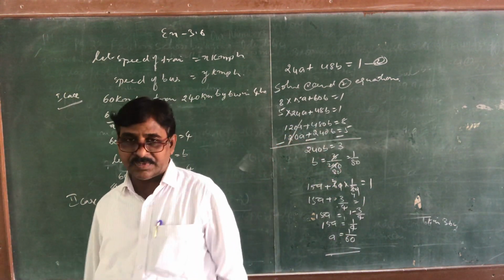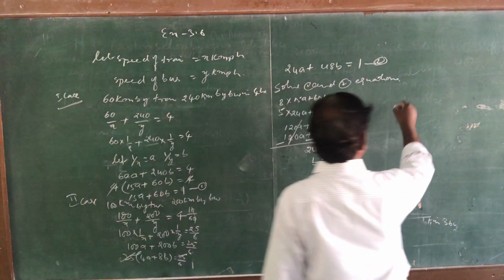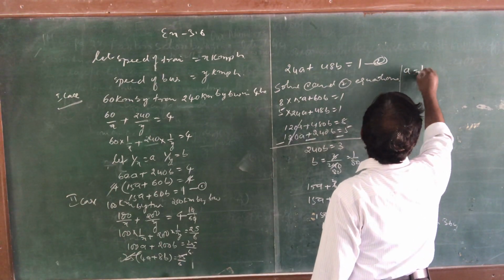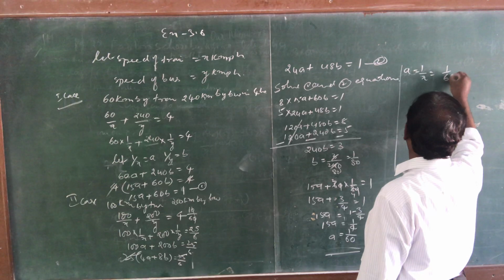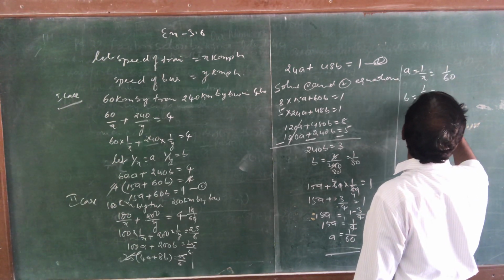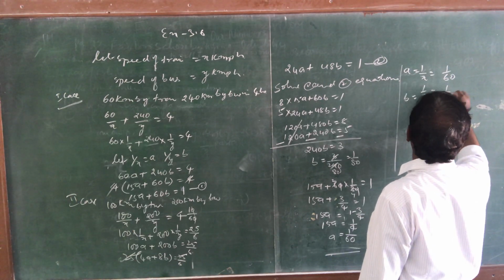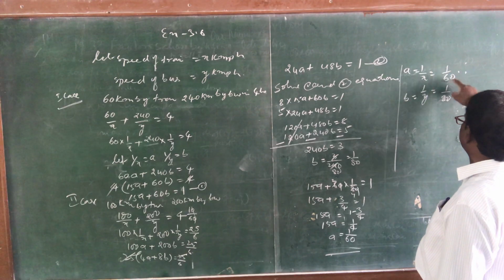So a is equal to 1 by 60, you got. a means what we denoted as 1 by x. 1 by x is equal to 1 by 60, and b is equal to 1 by y is equal to 1 by 80.